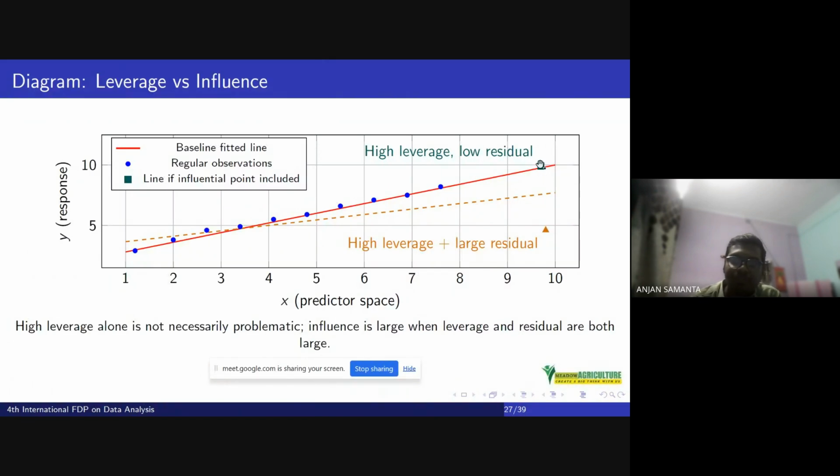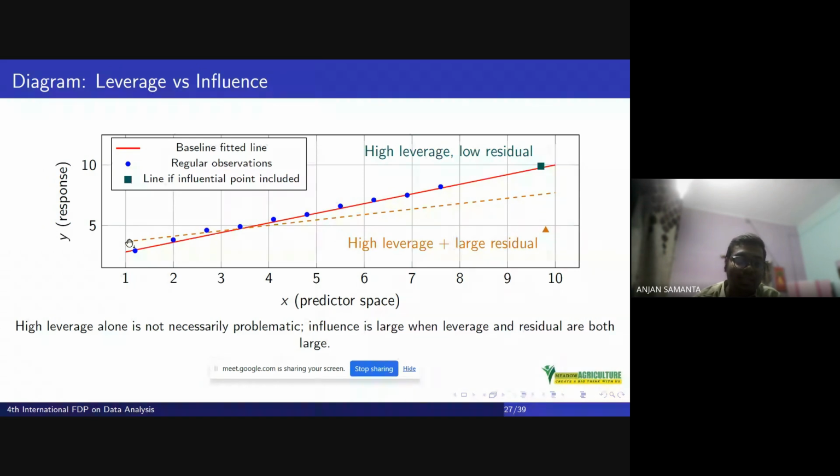But suppose this point is not lying here and is lying here, this particular point, then it will affect the model because it will drag the line down, as indicated by this dotted line. For a single outlier, if it is not lying on the line and is very far away from the line, it drags down the line and affects the model.